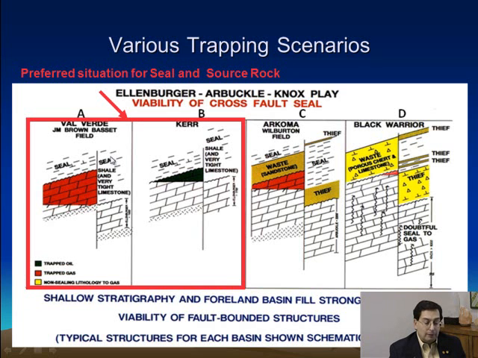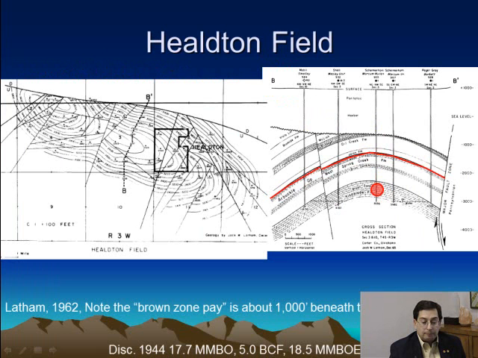So the sealing configuration is very, very favorable, and the production is accordingly. And using this model, some of my colleagues and I have explored for large structures in the Kerr Basin, because there it's a scenario where there's very favorable seal encasing the Ellenberger reservoirs.